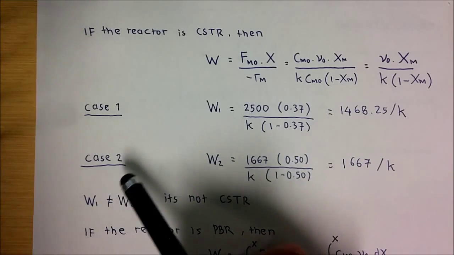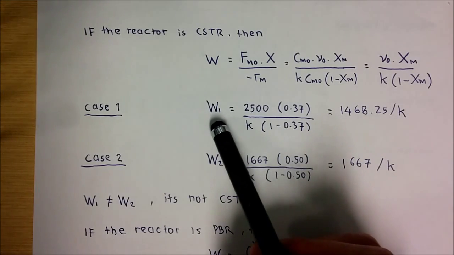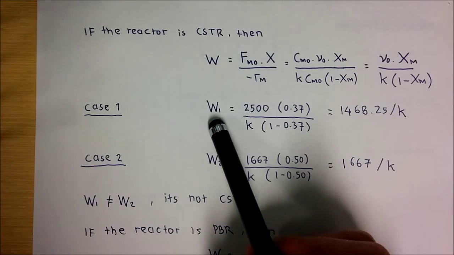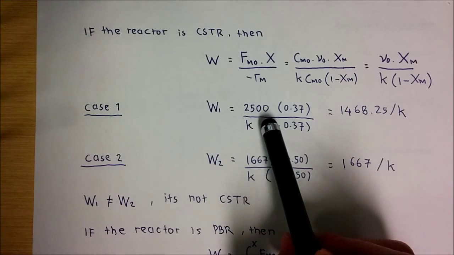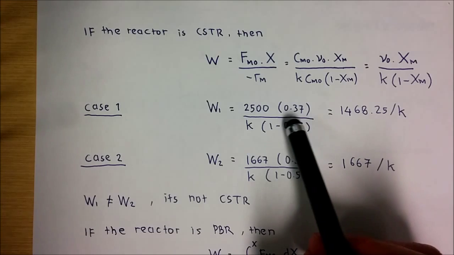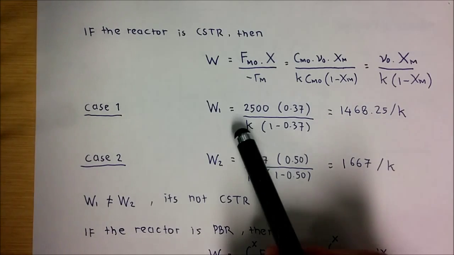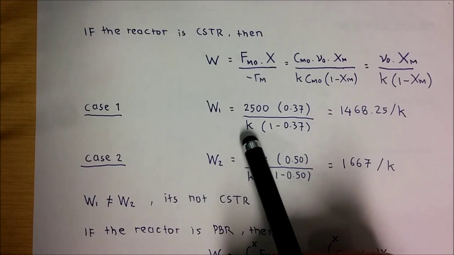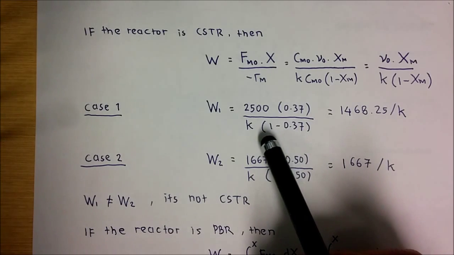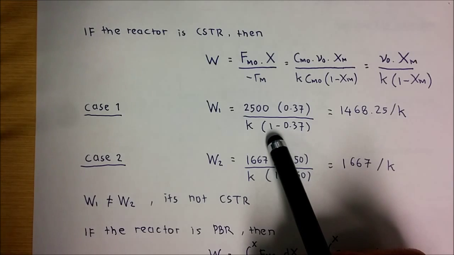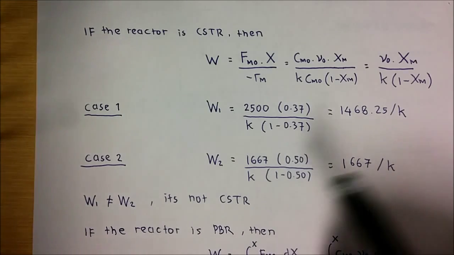So if we plug in the numbers for case 1, the volume of catalyst is going to be 2500, which is the volumetric flow rate, multiplied by the conversion 37% over K, which we don't know yet, and then multiplied by 1 minus 0.37.